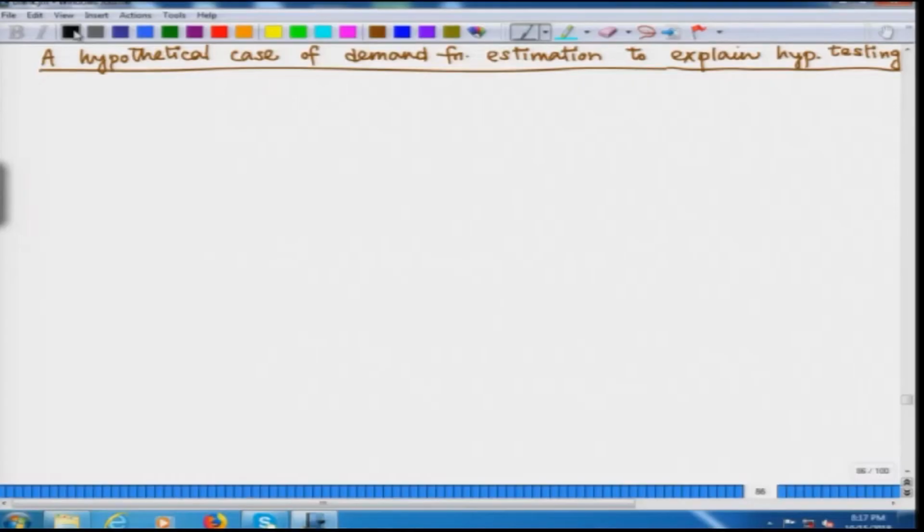Before we jump onto the demand function example, the notation used to refer to a null hypothesis is H naught, and the alternative hypothesis is denoted usually by this notation.